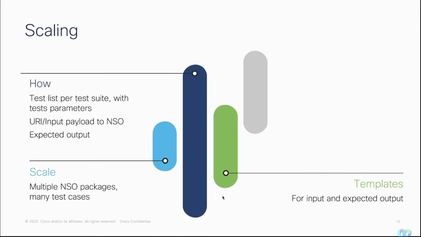So what was useful was to derive a small number of input templates, specifying variables inside the templates and specifying the values of the variables inside the test list. That is also true for the expected output.